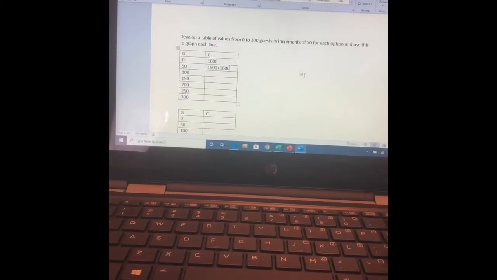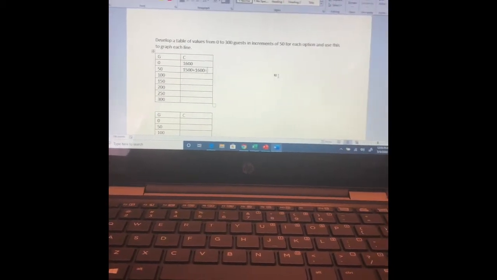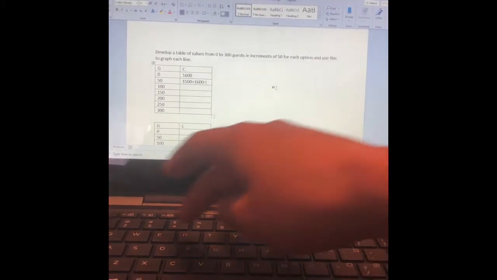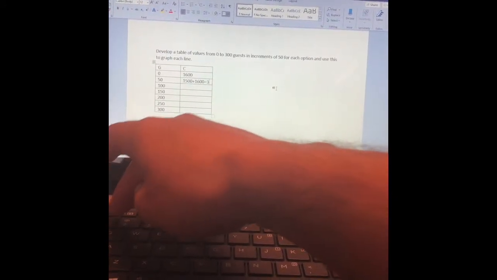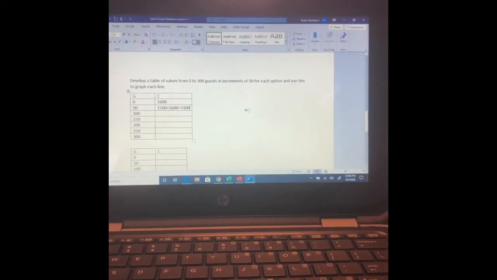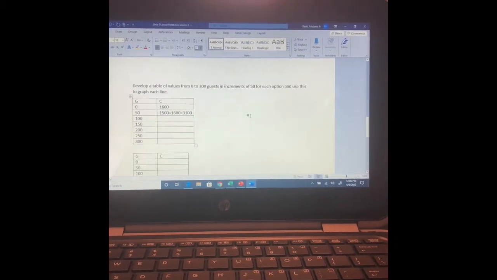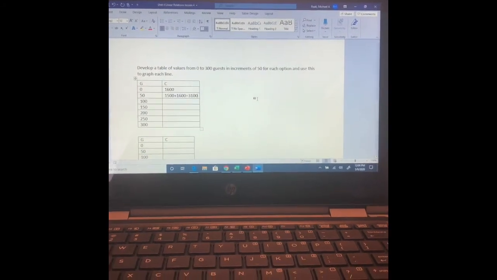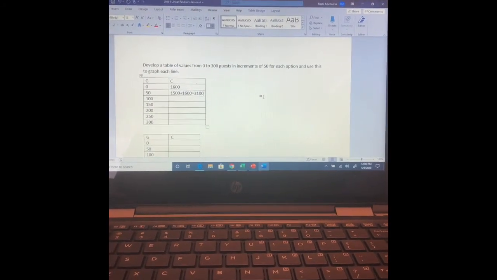$30 times 50 plus your 1,600 is equal to... so there's 50 guests that have been added.